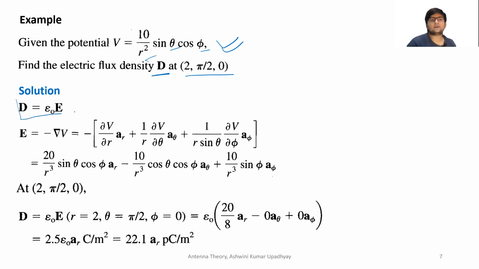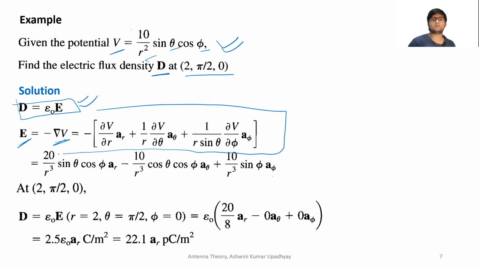So you know the relationship between electric flux density and electric field, like this, you know the value of epsilon, and you are given V. So first of all, you can calculate E, which is given by the negative of the gradient of V, and you know the formula of gradient in spherical coordinates, which is given by this. So you have to remember this formula. You put in the values, and you will finally get the value of D as this, right? So I think you can easily understand and do this.